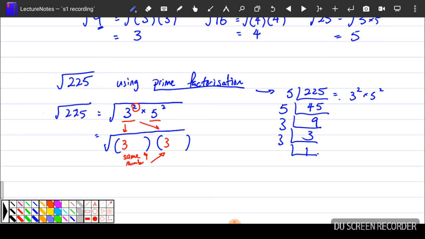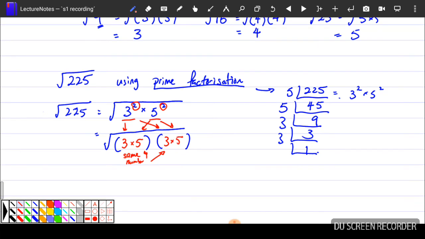So I can split up the 3. And 5 square means I get 2 5s. So I can split up the 5 as well. So this will be 5, this will be 5. So in short, this means I have 15 times 15. And this will be 15.